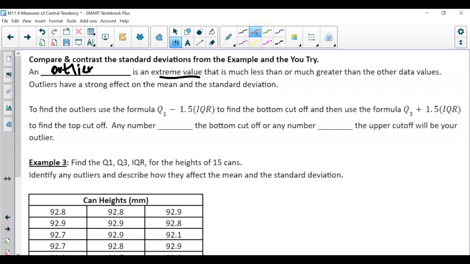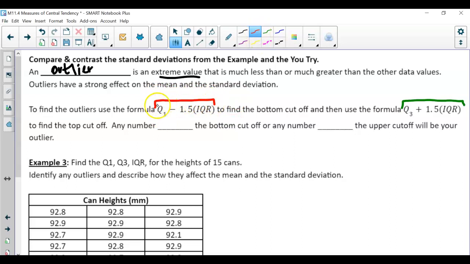So here, the pieces of information that we are going to need to identify the outlier of a data set. We need the quartile 1 because we need IQR, which means we also need quartile 3. So the lower bottom cutoff, we're going to use this piece here.